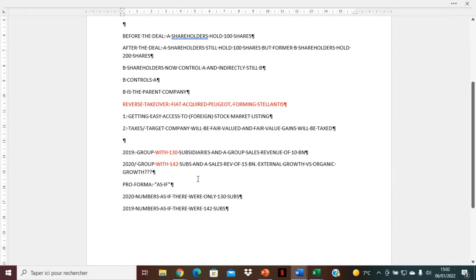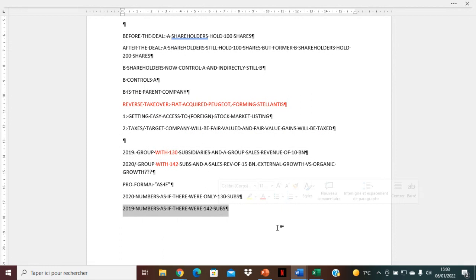And therefore, now I have comparability, because I can compare the 2019 numbers with 130 subsidiaries and the 2020 numbers with the same 130 subsidiaries, one possibility. Or I could compare the 2020 numbers with 142 subsidiaries with the 2019 numbers with the same 142 subsidiaries. So either I can compare with 130, or I can compare the last 2 years with 142.